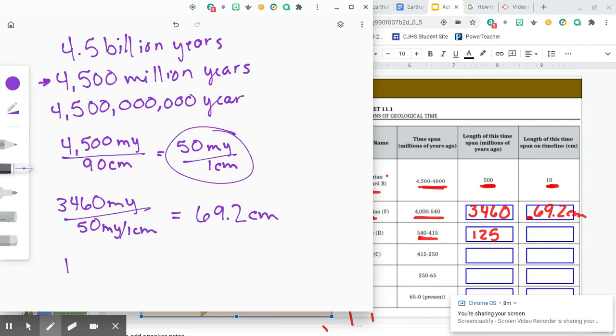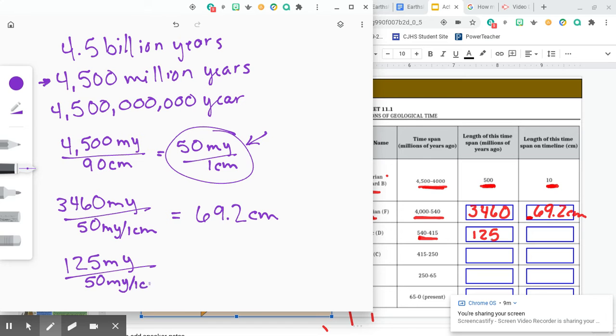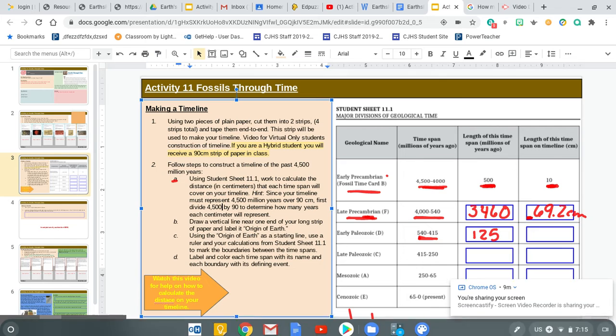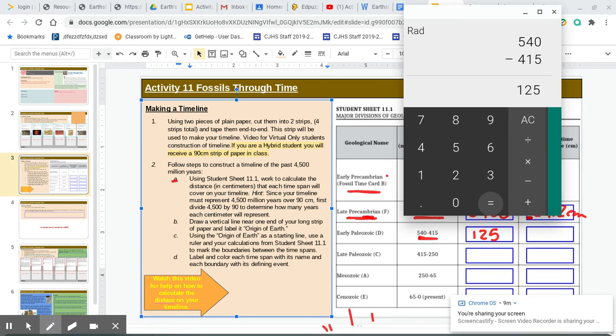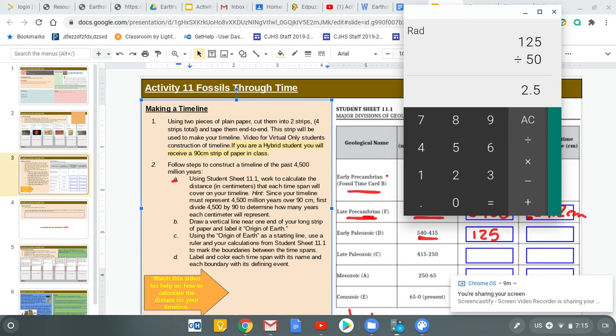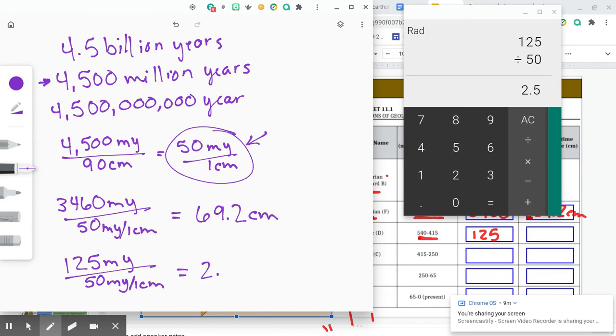And we'll take 125 million years and divide it by our same rate, 50 million years to 1 centimeter. 125 divided by 50 gives us 2.5 centimeters.